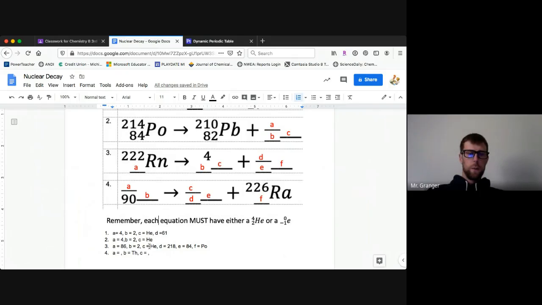And then continuing on, we know our last symbol for the element Ra. We know its mass is 226. Okay, so Ra we can find, since we know the symbol Ra, we can skip to letter F and we can look for the symbol Ra on our periodic table.